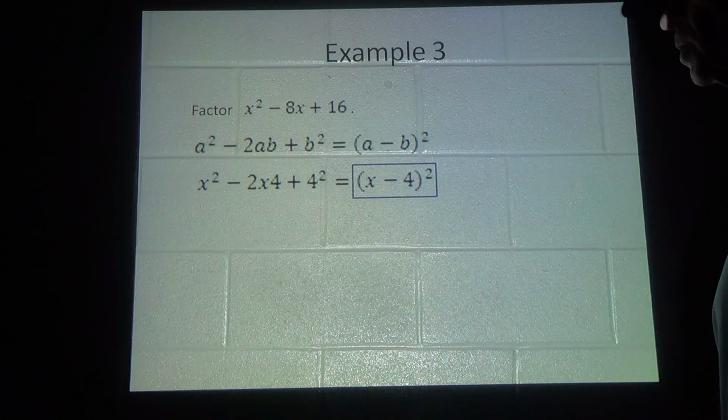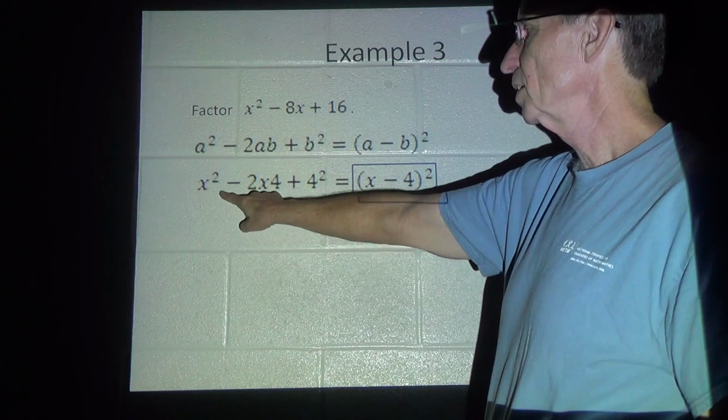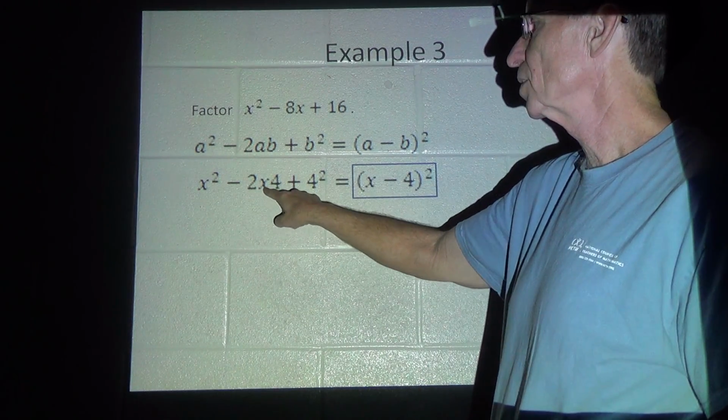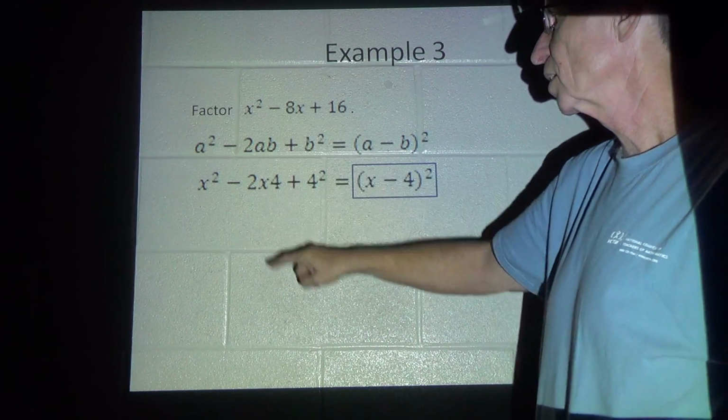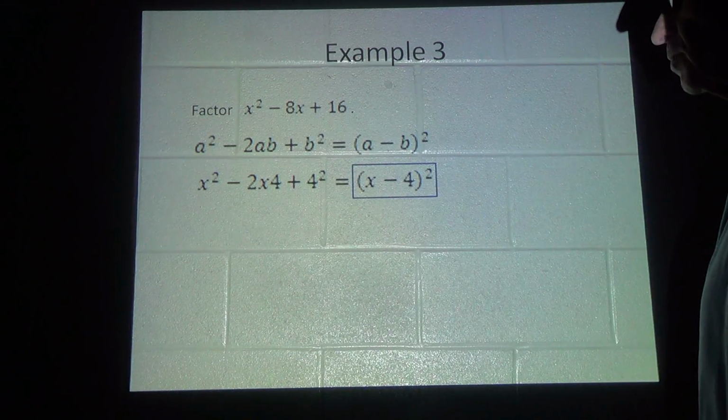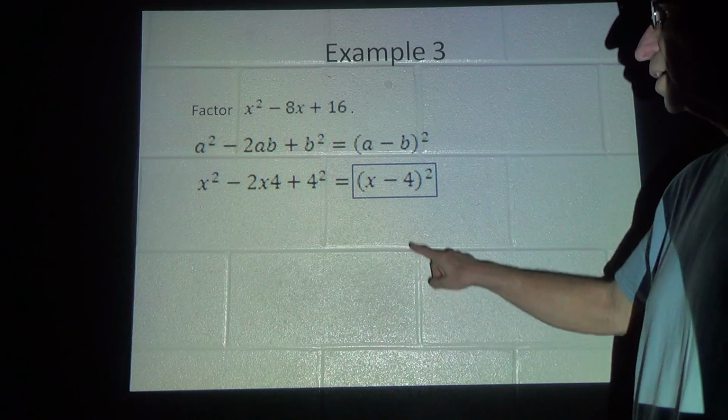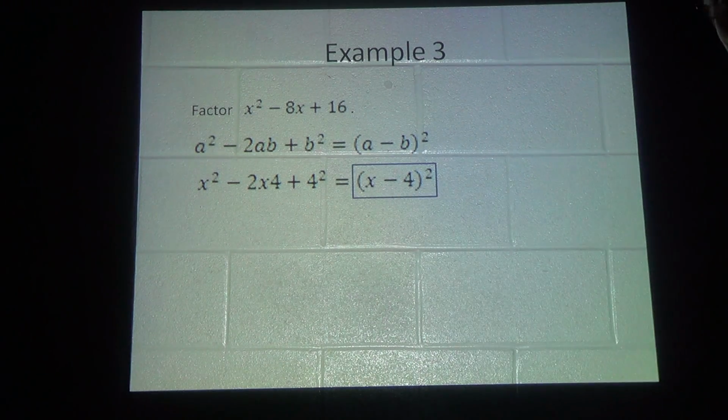So substitute in what we have. We substitute our trinomial in, so this gives us x squared minus 2. Half of 8 is 4, and the x stays right here. So minus 2 times x times 4 plus 4 squared. Okay, that turns into (x minus 4) squared.